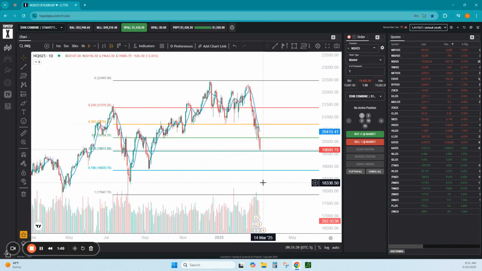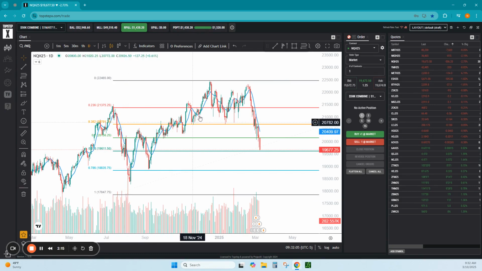What I have on the chart here is a very simple technical analysis with a Fibonacci sequence and our 8-period moving average right here. So I took a fib and I set it here to the last major low, which is this 17,860 area.